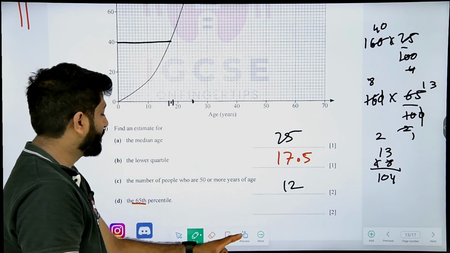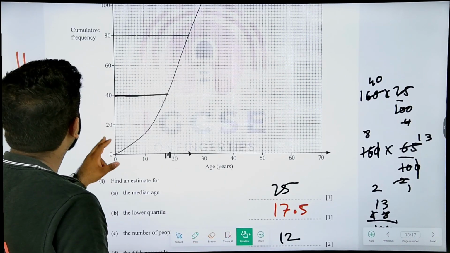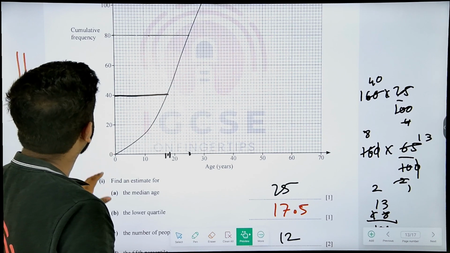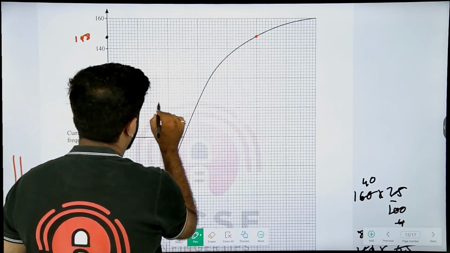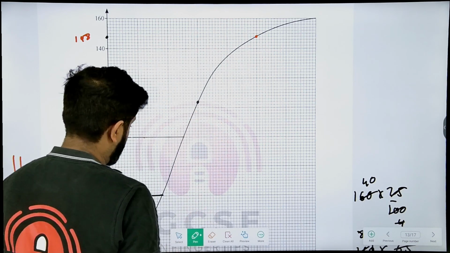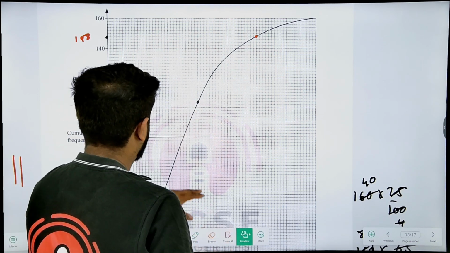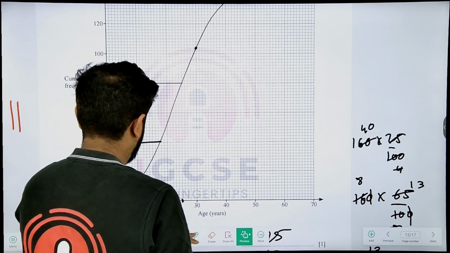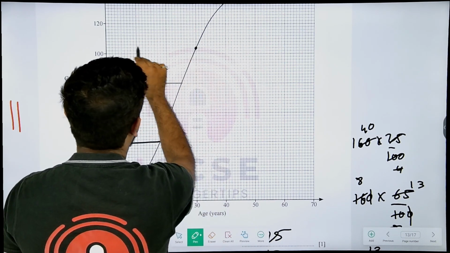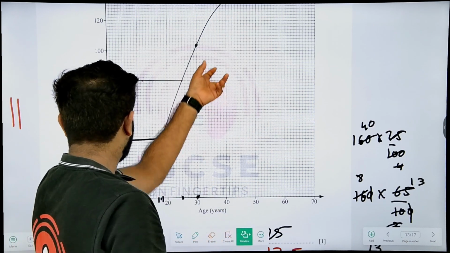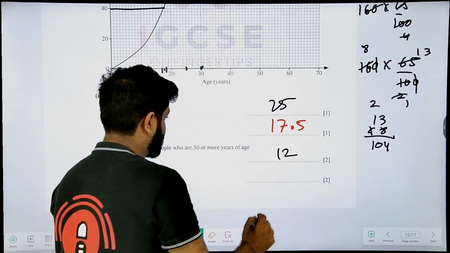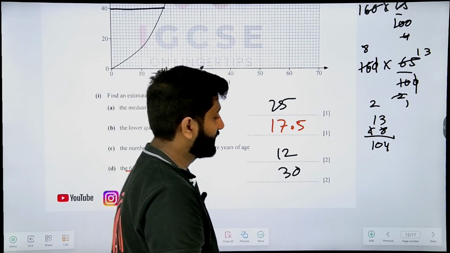So I'll have to plot when x is 104. When x is 104, I'll have to find the value of y. So this is my 104, and the value of y at 104 is 30. So guys, the 65th percentile is 30, right?